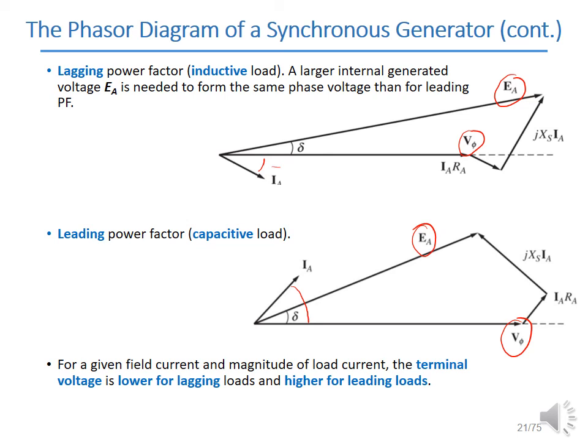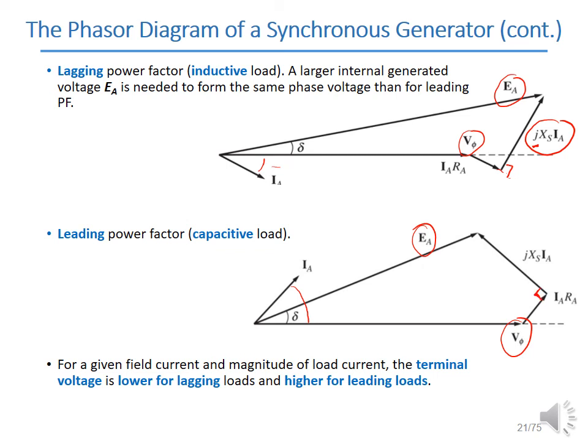Another thing I need to mention: because of the j, jXSIA represents the imaginary part and is always perpendicular to IARA. This is so for the lagging power factor, and this is for the leading power factor.